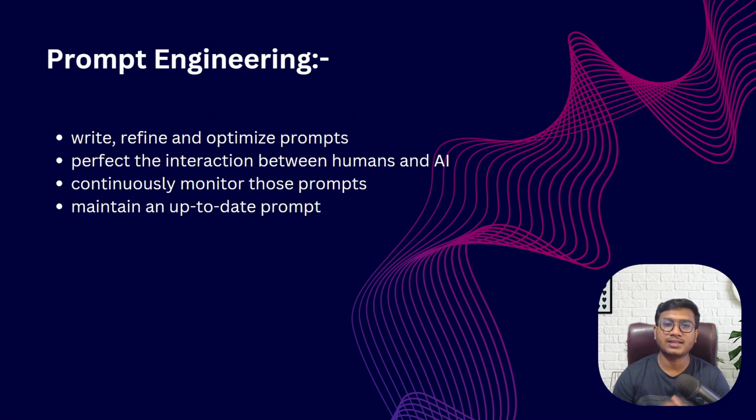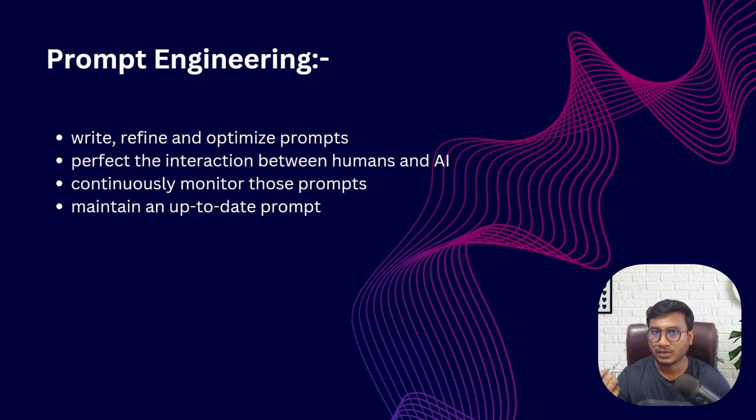Now, as a generative AI engineer, you have some responsibilities whenever you are working with a large language model and preparing the prompt. Here I have listed some of the points. Write, refine and optimize prompts. Perfect the interaction between humans and AI. That means you always need to make sure whether your prompt is perfect or not, to communicate between human and AI. You will be communicating with your AI assistant, whatever application you have built with the help of a large language model, and you have to make sure there is a good interaction.